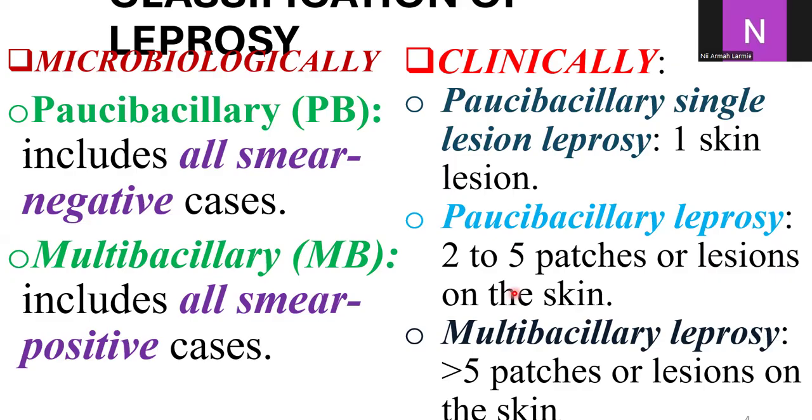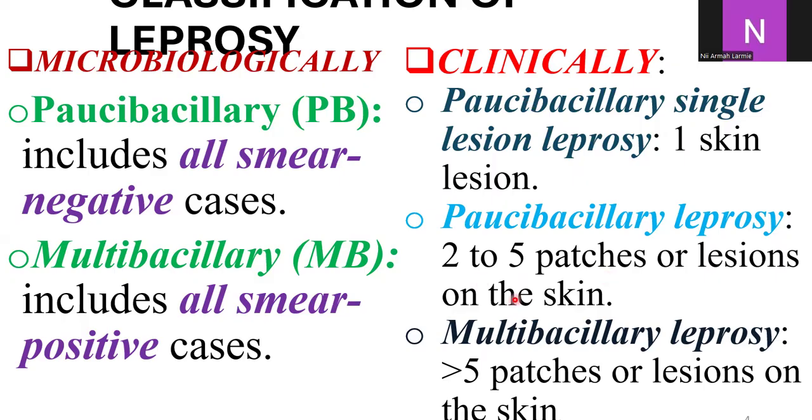You can also use clinical features to make the same informed diagnosis. And in this case, clinically, we check the skin lesions. So if a patient has a skin lesion between 1 to 5, it is described as paucibacillary leprosy. Now, if it is only 1, they can also call it single lesion paucibacillary leprosy, but note that it is still paucibacillary.